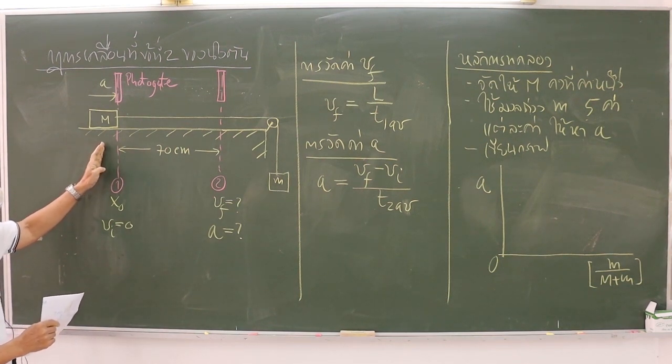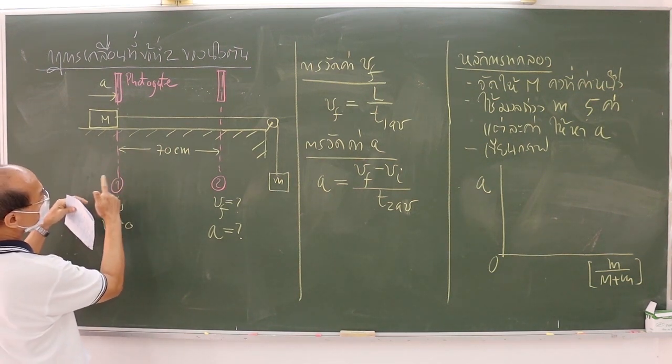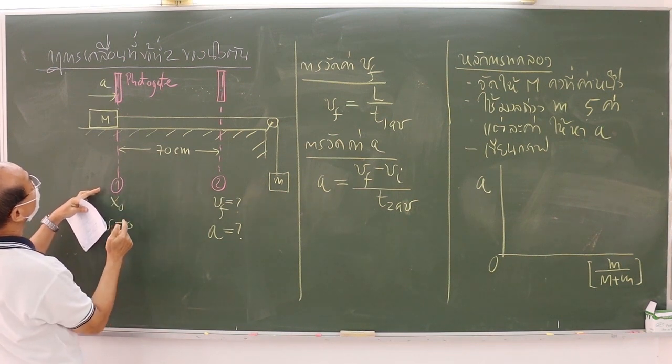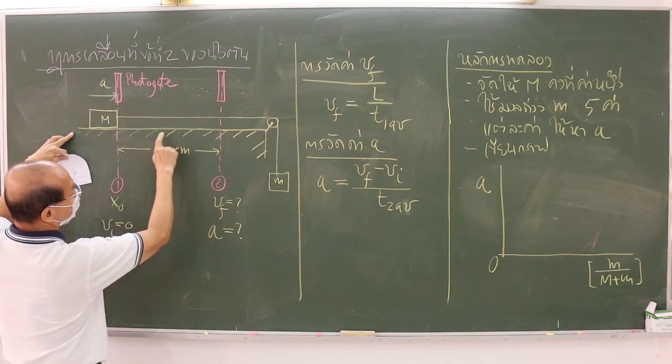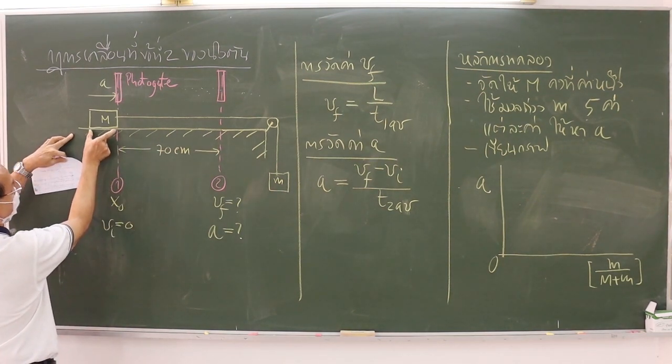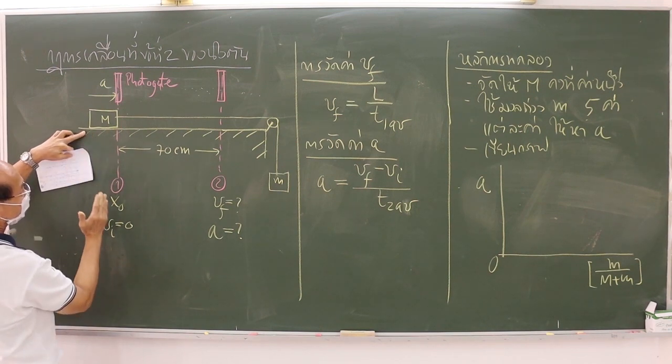Look at the figure. You may read the procedures in your book along with my explanations. We let the mass capital M start its motion from rest at the position x0.